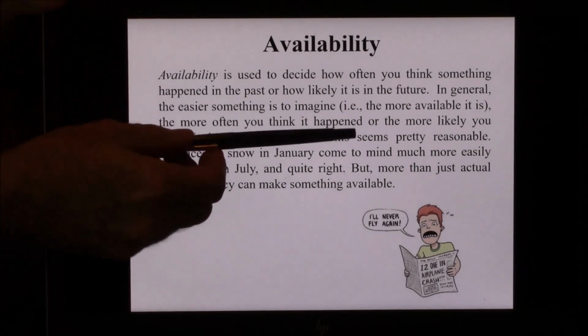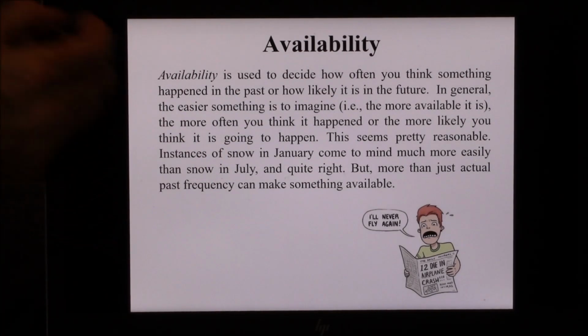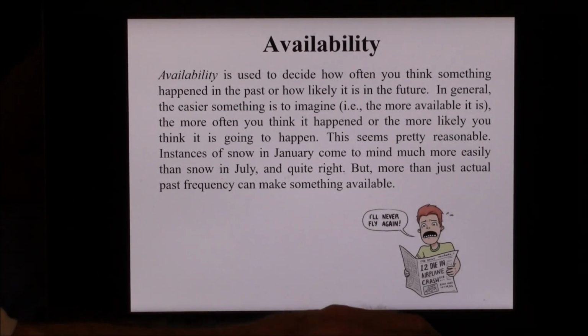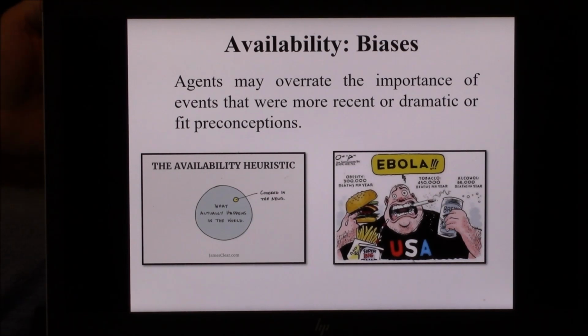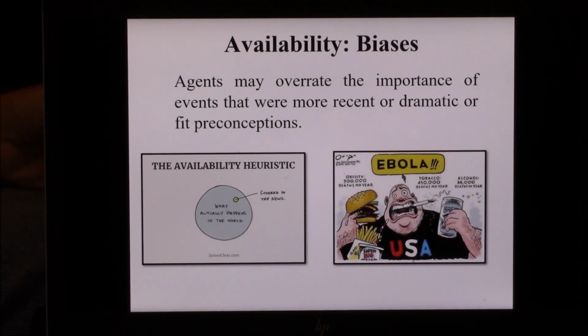They are therefore easier to imagine, and you will overrate the likelihood of events that were dramatic in the past or were more recent. The more recently it happened, the more it's in your mind. So people will overrate the likelihood of events that were more recent, that were very dramatic, or that fit preconceptions.